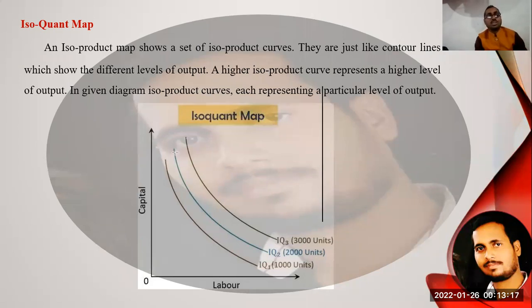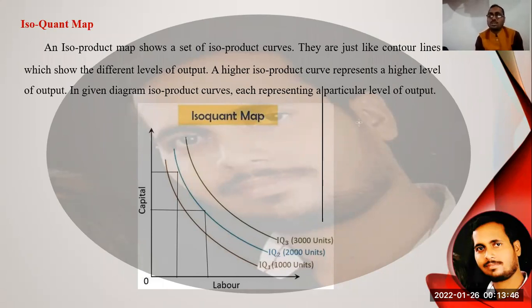While changing the various combinations, if the amount of capital is such an amount and the amount of labor is such an amount, if they increase the amount of labor, then they must decrease the amount of capital. So these are the various combinations with which the entrepreneur gets equal productions, students.